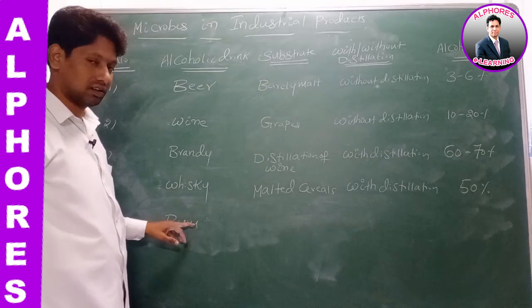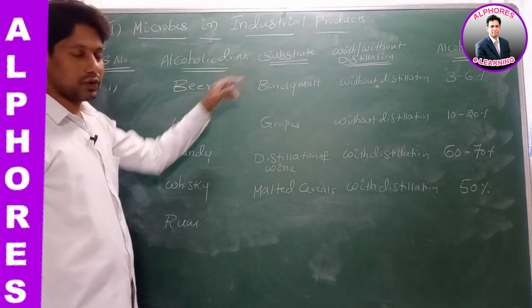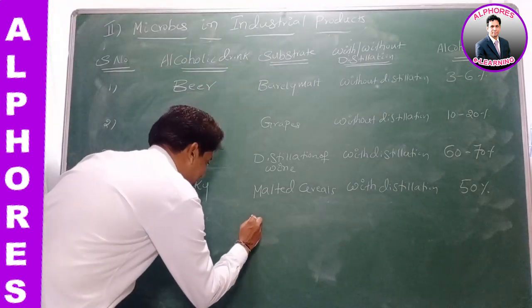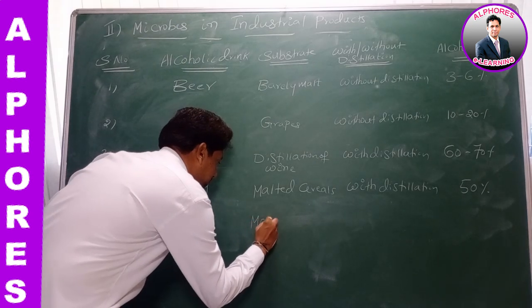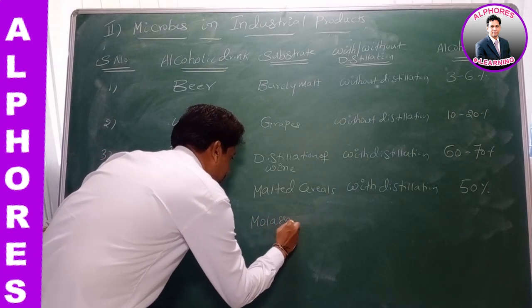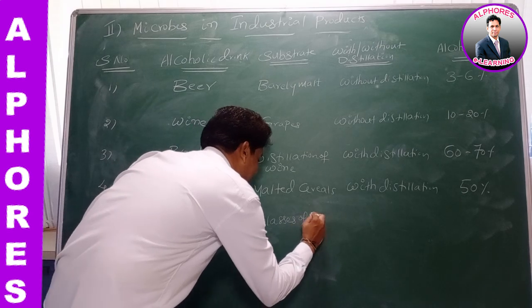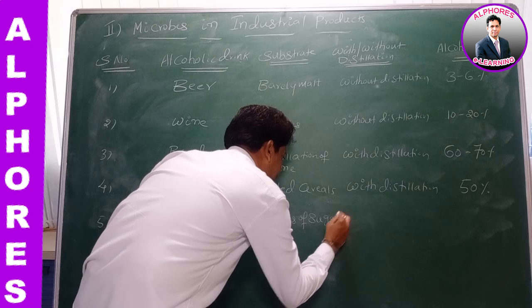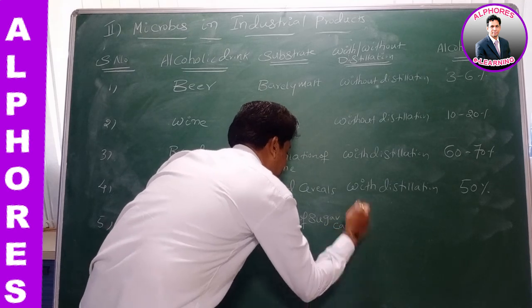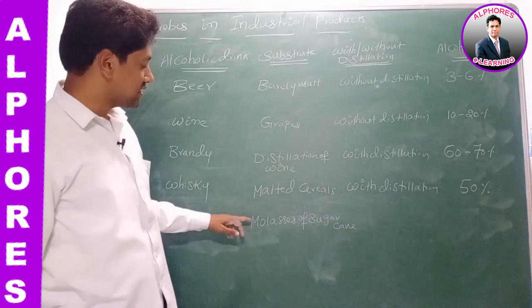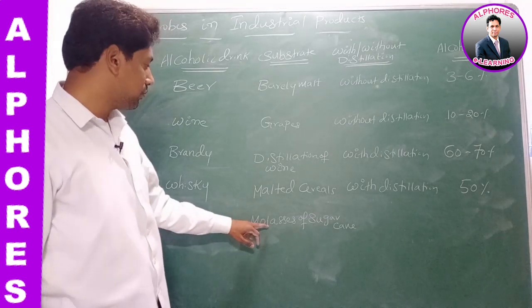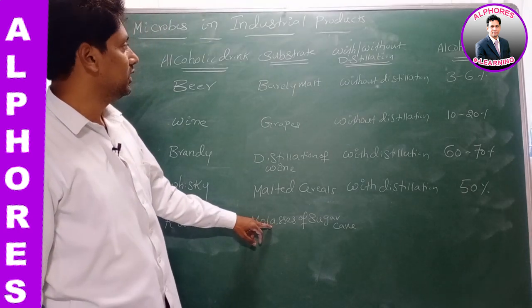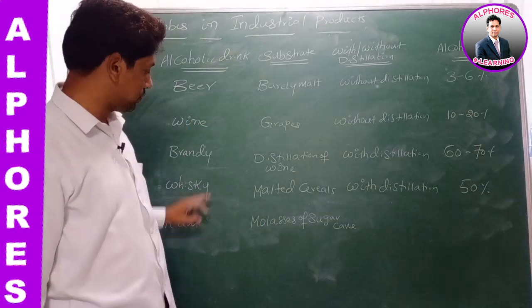Now go for the last one. What is it? Rum. What is the raw material to produce rum? Molasses. Molasses of what? Sugarcane.